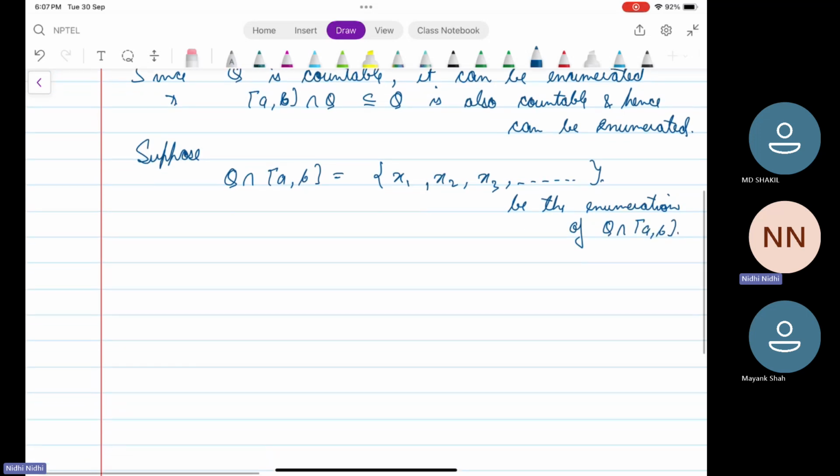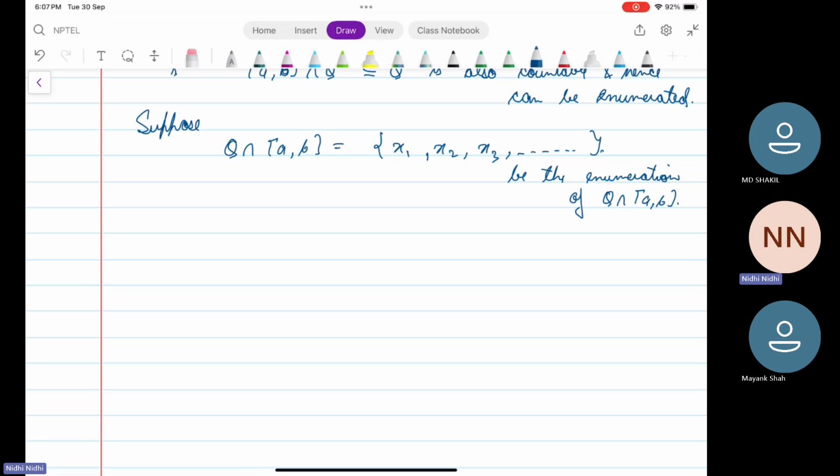Now we'll construct a sequence of continuous functions.